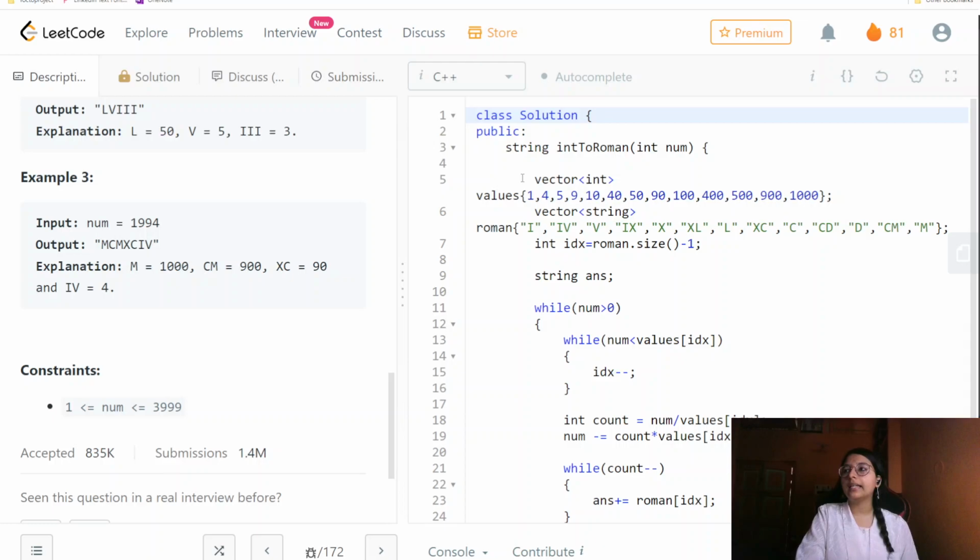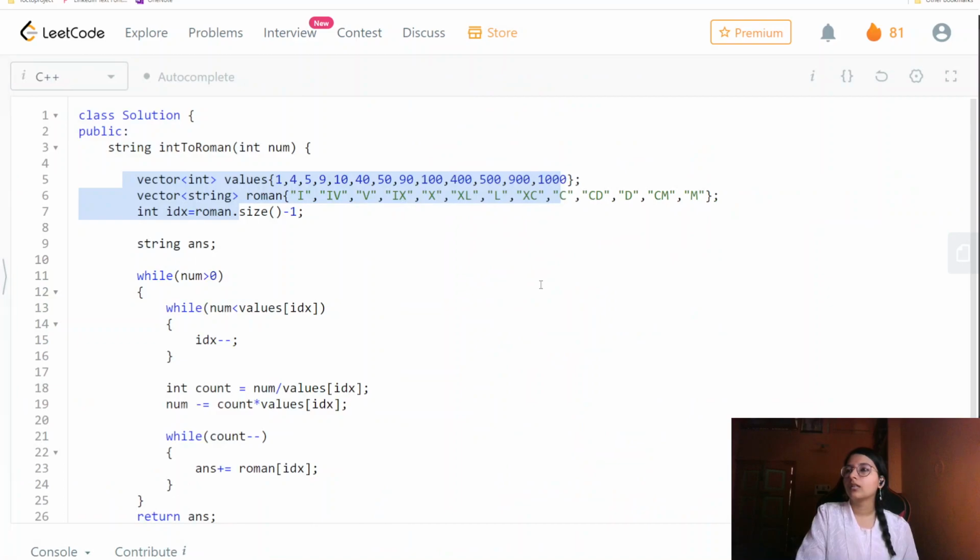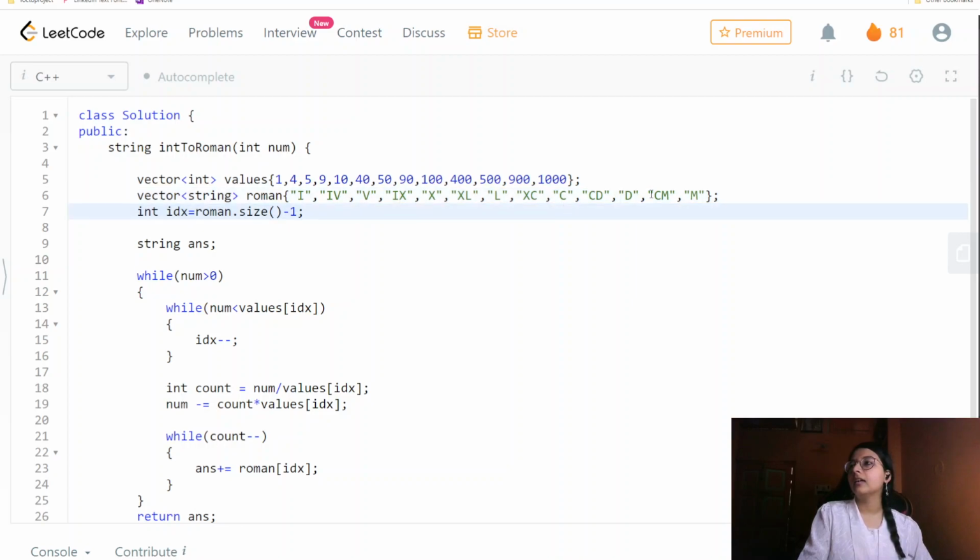So here the first thing is that we are required to have this particular vector of values. What values we are taking is, for one, that is the standard thing which is given to me, the standard Roman numerals, that is I, V, X, then L, then C, then D, and then M. These are the standard ones which are being given to us, and then we are also required to have the 1 minus, 10 minus, 50 minus, or 100 minus 1 also.